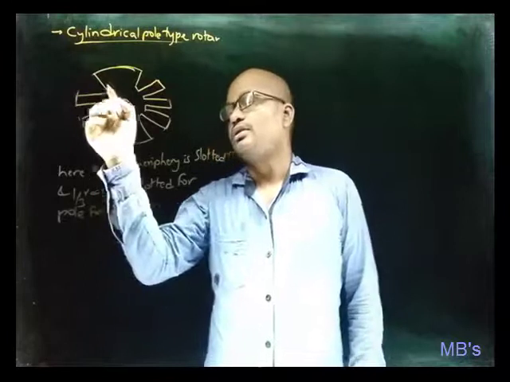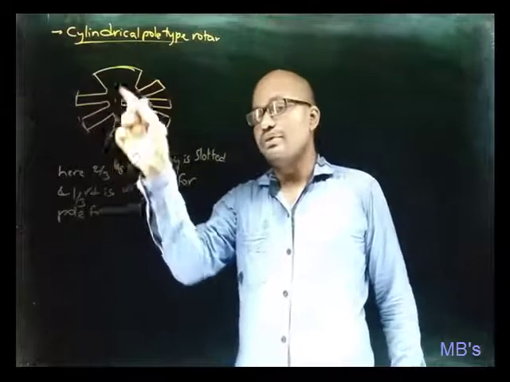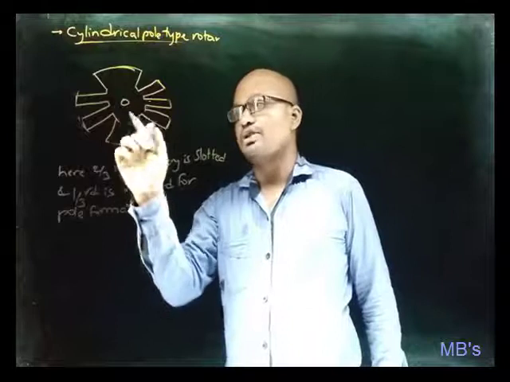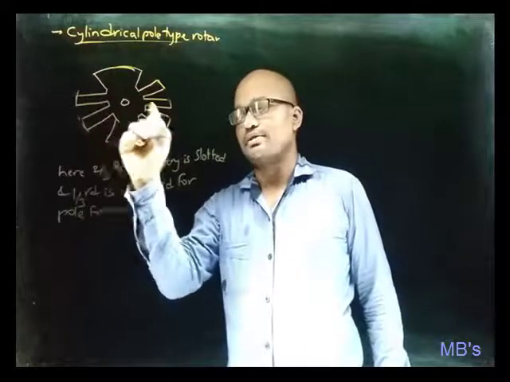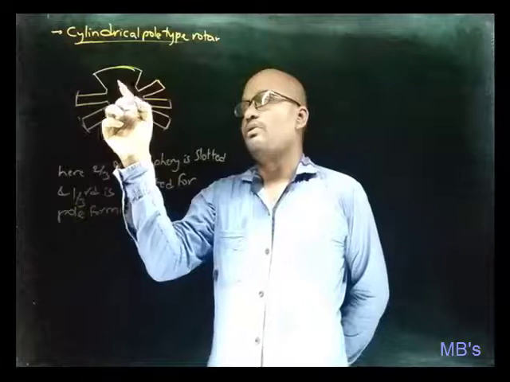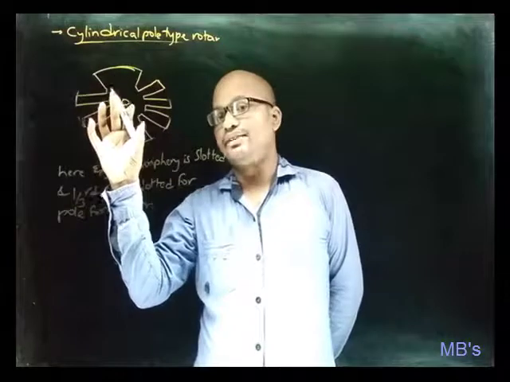Means this is the 1/3 rotor periphery which is left unslotted for poles formation, and these are the rotor slots for placing the conductors. In order to form the poles, the rotor requires field excitation.